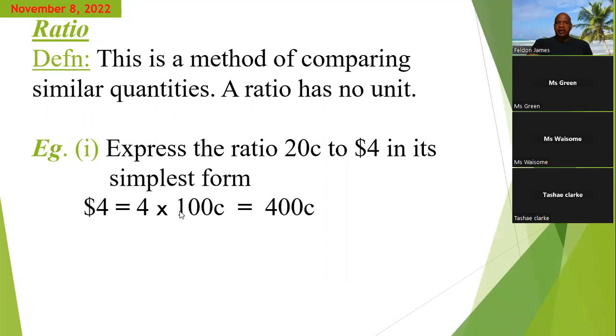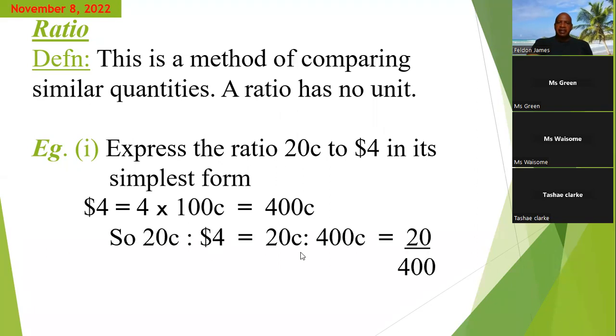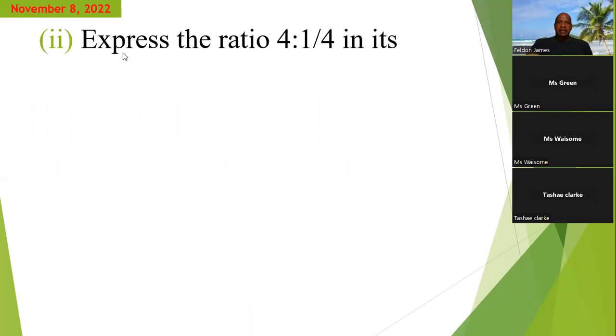And so we know $4 is the same as 400 cents. So 20 cents to $4 is the same as 20 cents to 400 cents. And once we simplify this ratio, we can cancel it down just as though we cancel down fractions. And so we would have the ratio of 1 to 2. Sorry, 1 to 20. All right.